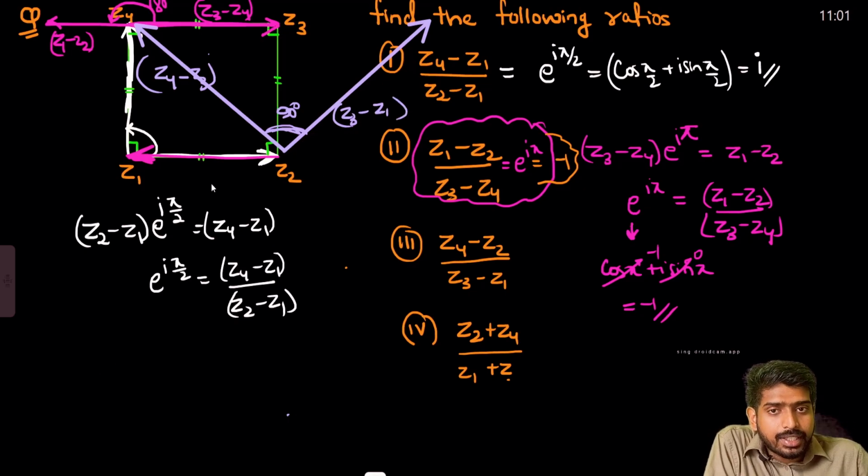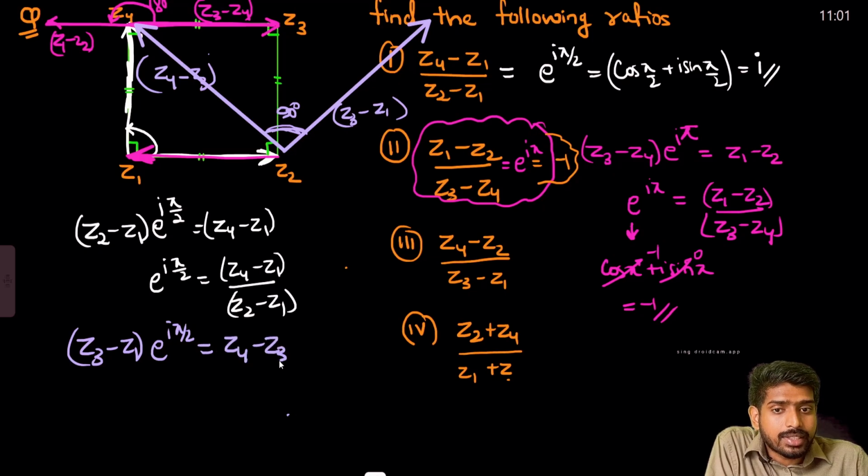If we rotate the z3 minus z1 vector with e to the power iota pi by 2, we will get the z4 minus z2 vector, right?